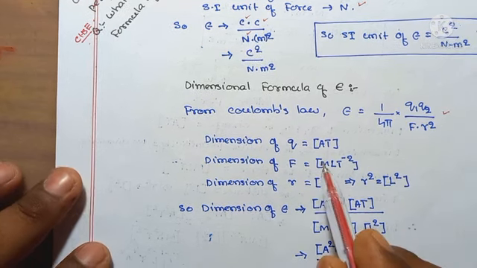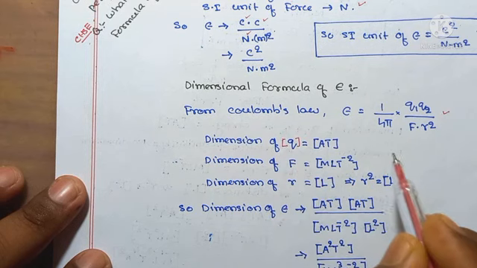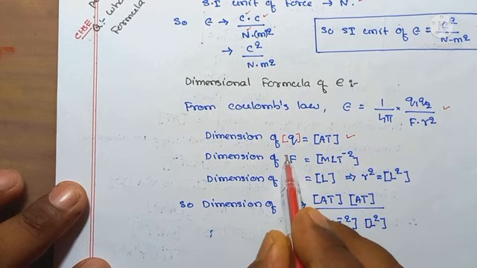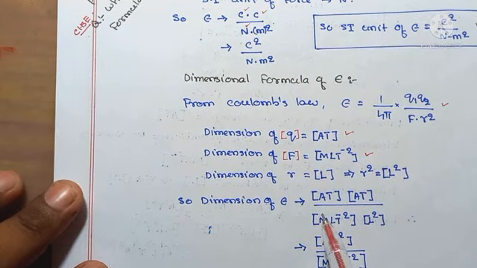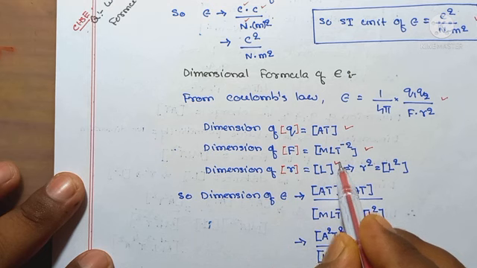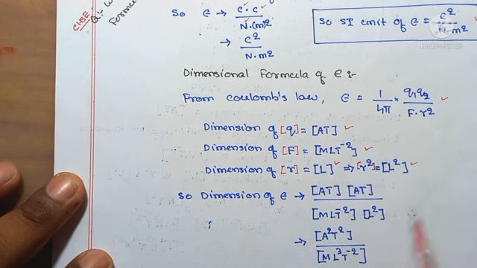The dimension of charge is A T. The dimension of force F is M L T inverse 2. The dimension of distance is L, so the dimension of distance square is L square.